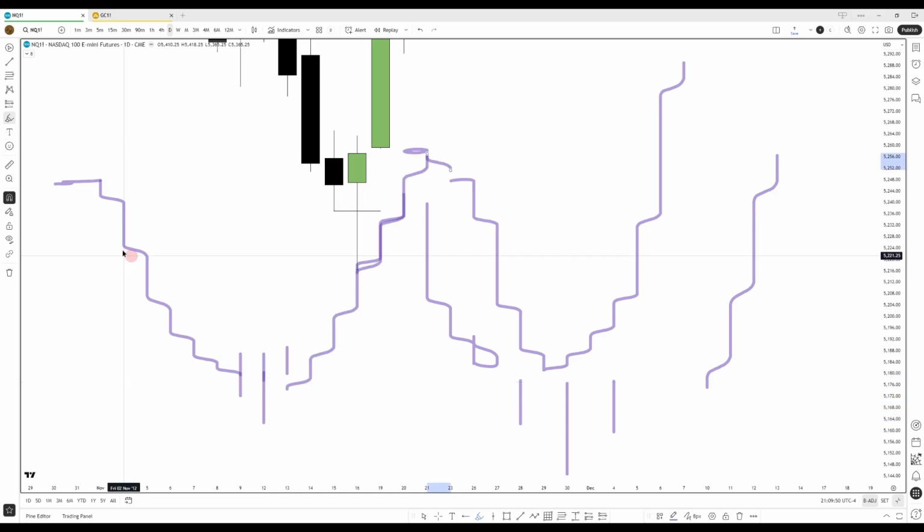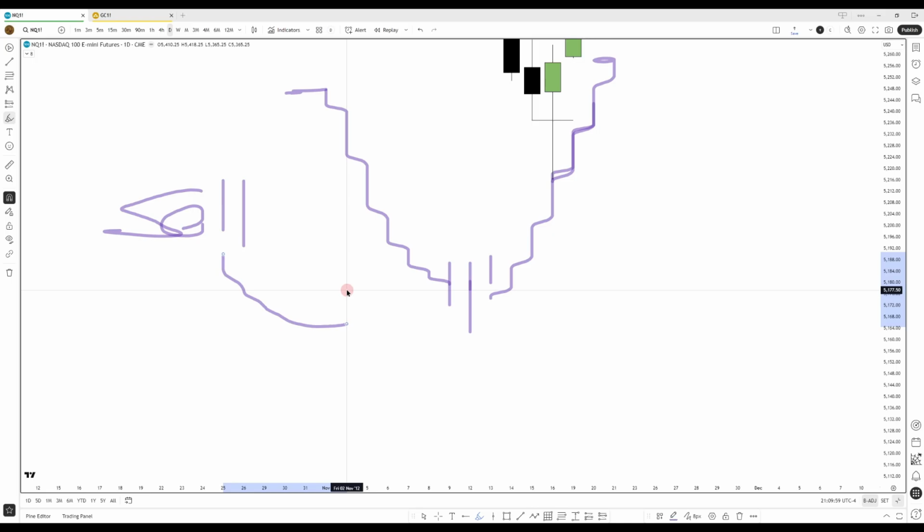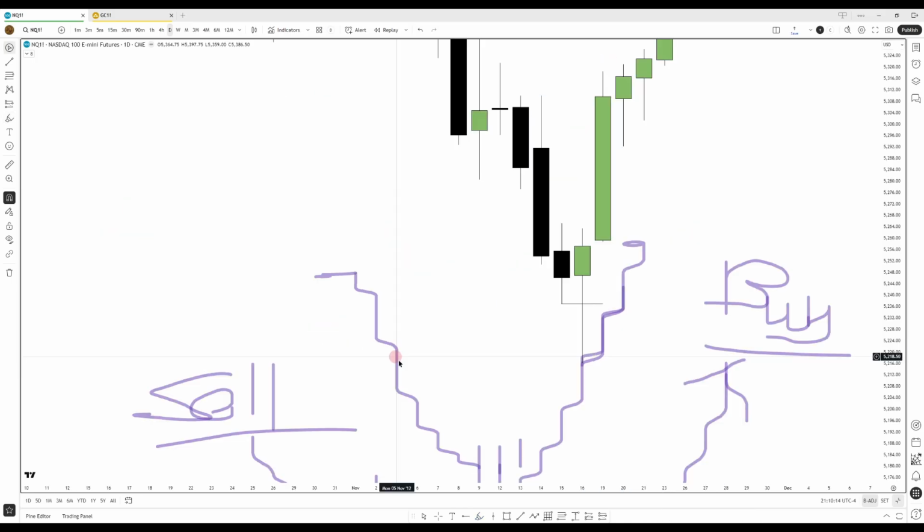We create the curve, yeah? So we create the sell side of the curve over here, and then we create the buy side of the curve over here, yeah? Because over here, the sells, there's an order flow, yeah? It's like water. There's a flow, and the flow is pushing down, just like the bearish trends we were looking at.